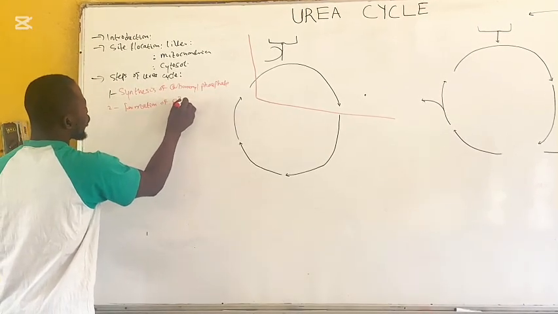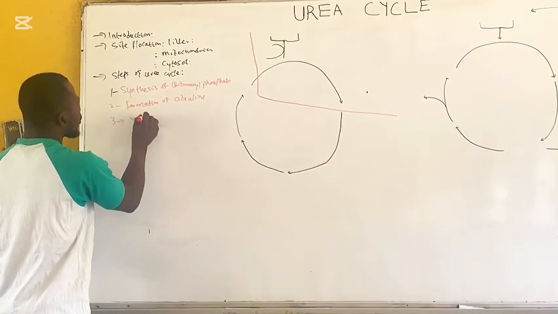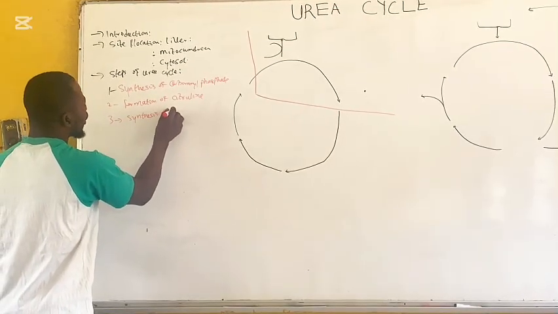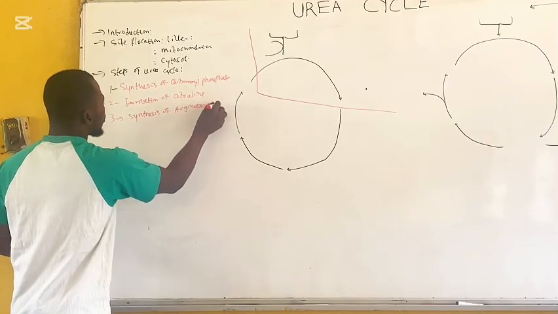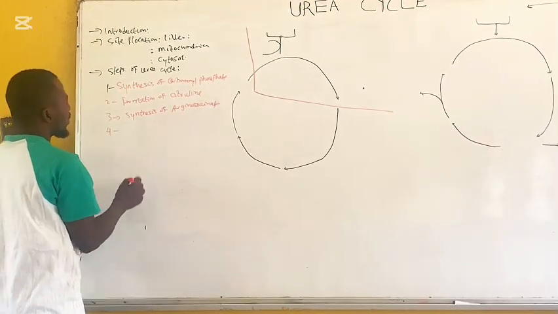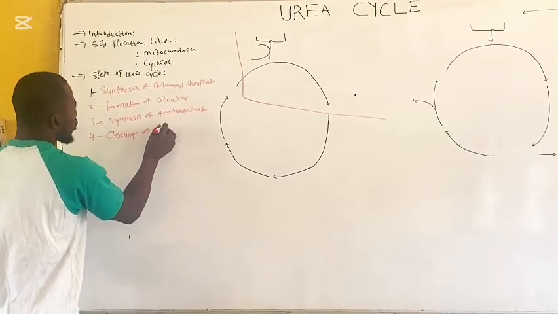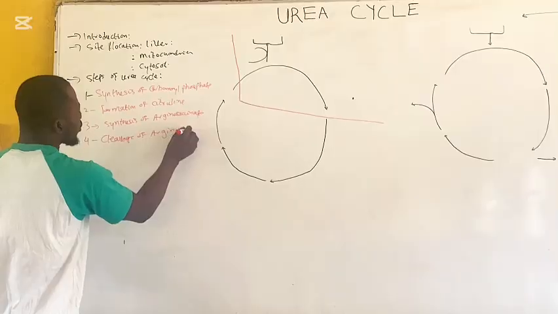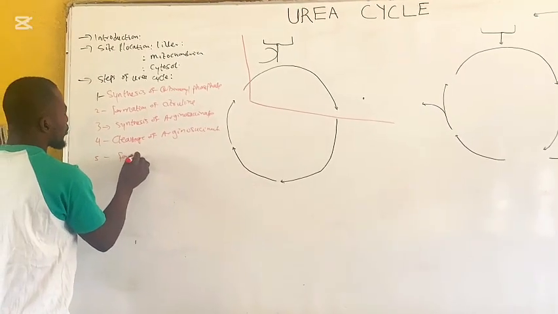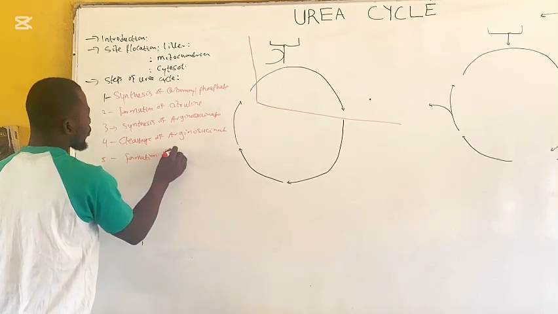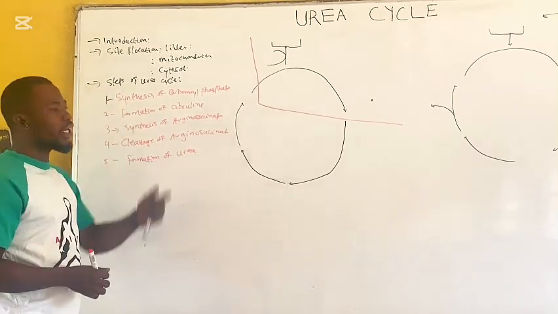The third step is synthesis of arginosuccinate. The fourth step is cleavage of arginosuccinate. And the last step is formation of urea. So these are the 5 steps of the urea cycle.